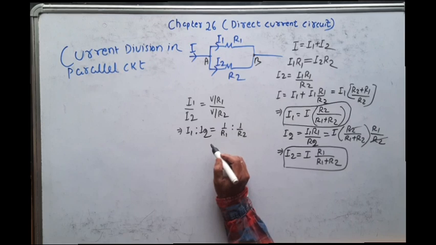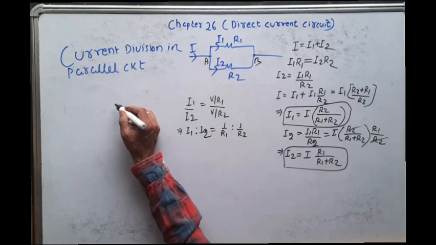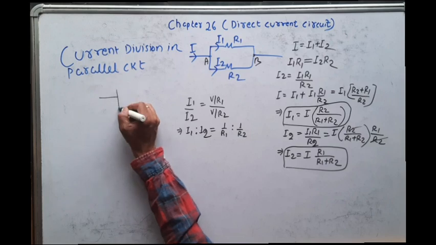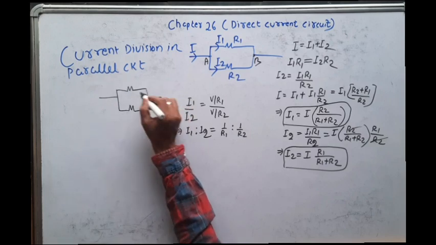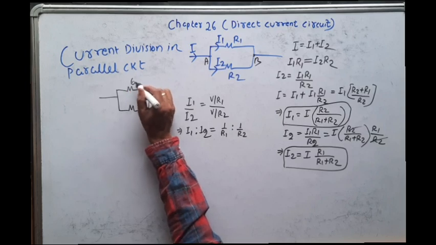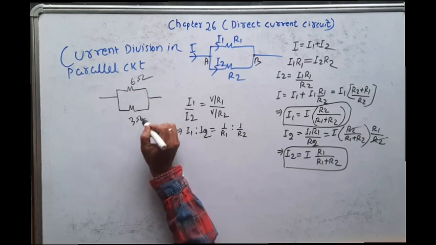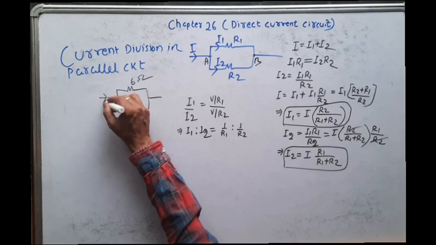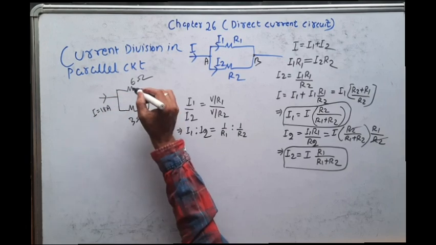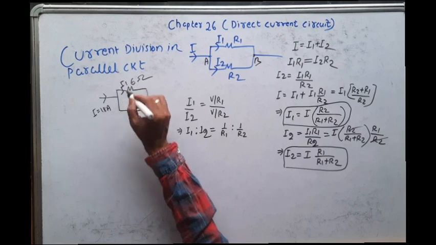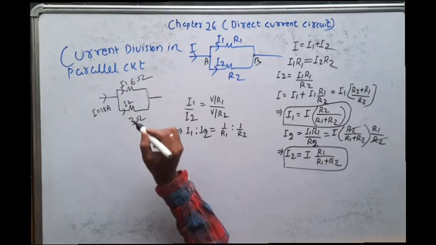So let us take an example. Suppose you see, this is your 6 ohm. This is 3 ohm. The total incoming current I is equal to 18 ampere. Here the current is I1, here the current is I2.